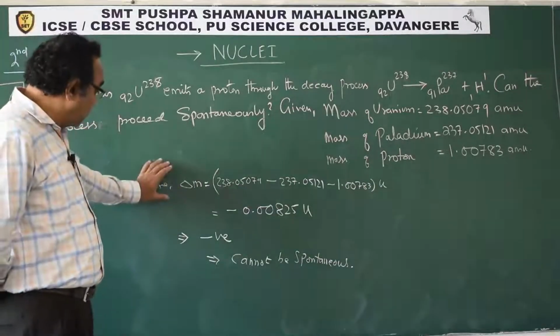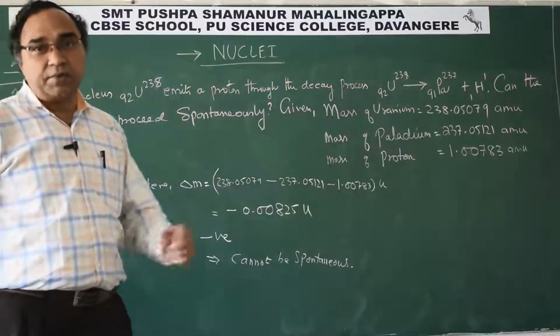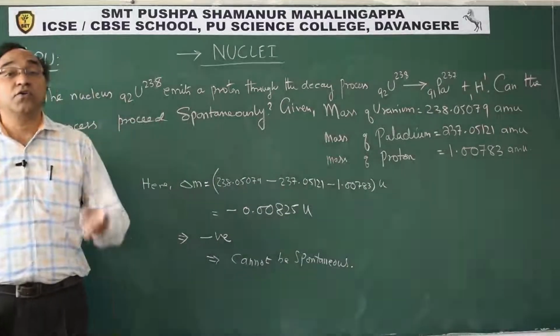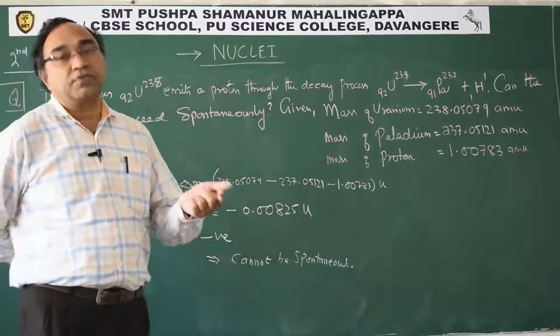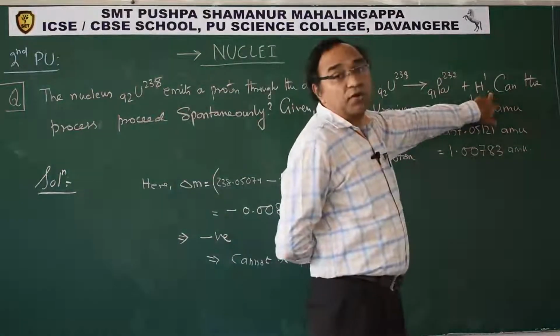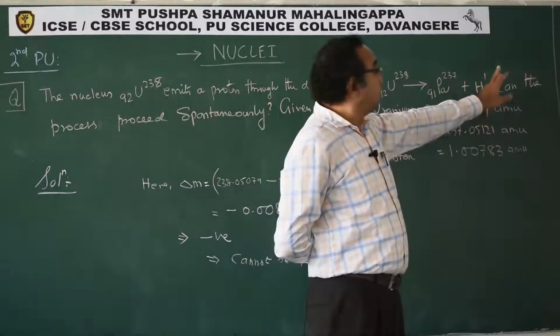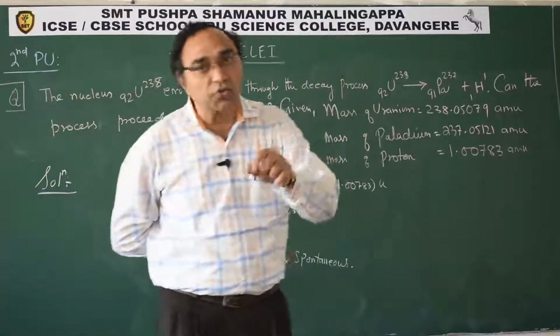Sometimes this difference that we got, if you multiply with C square, delta M into C square, is also called the Q value of the reaction. You will come across this word Q value, because plus Q can be written up, since this is a disintegration reaction. So on the right hand side I will write plus energy released Q, that is called Q value.